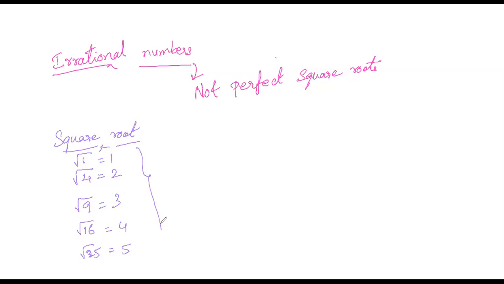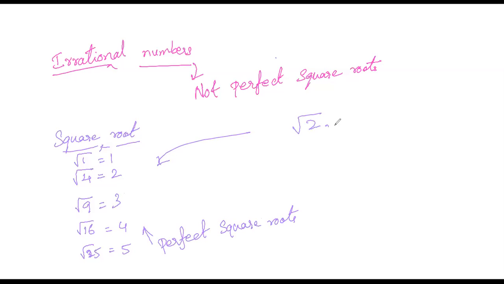So these are all perfect squares, which means if we take the square root, we'll get a whole number. Other than these, for example, square root 2, square root 3, square root 5, square root 6, 7, 8, 10, all these are not perfect squares because we won't get a whole number.